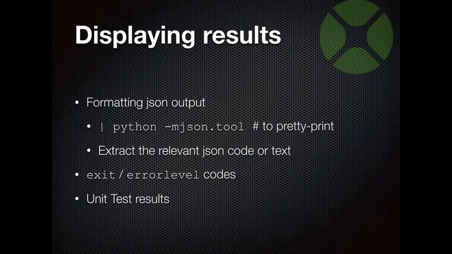But since the reply from Xojo comes in JSON format, one handy tip that I have is you can pipe the JSON output from the socket to python -m json.tool, and that will print it, which is kind of useful if you're looking at a log to see the full details.